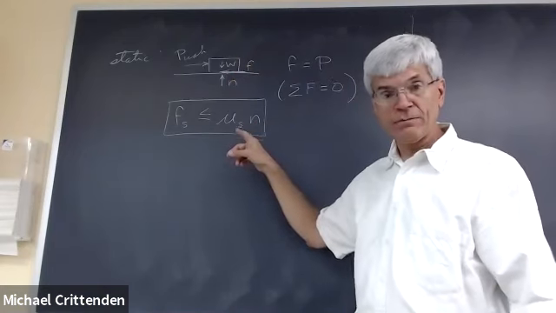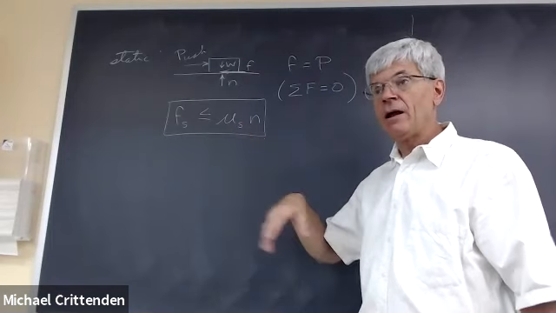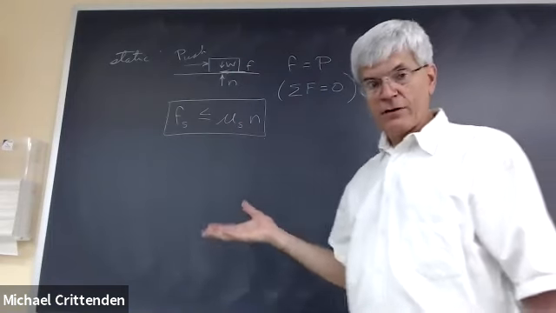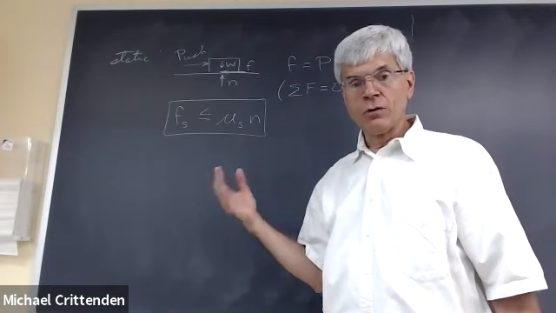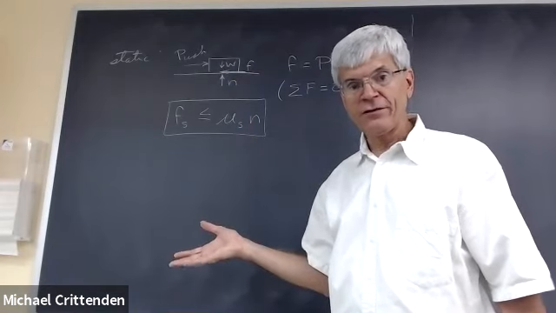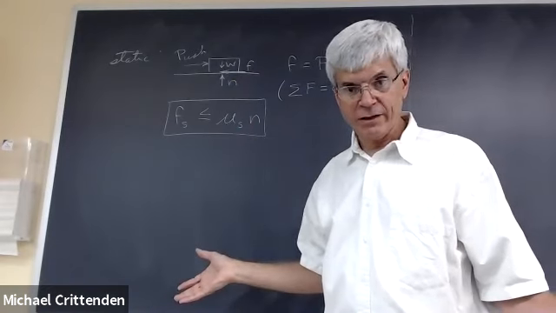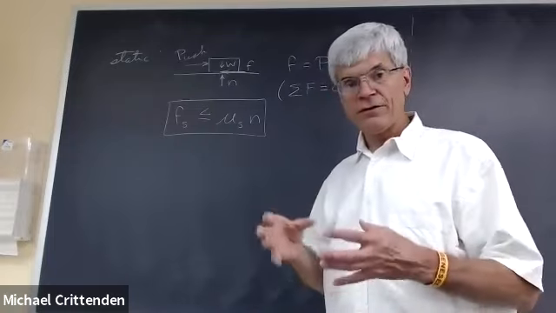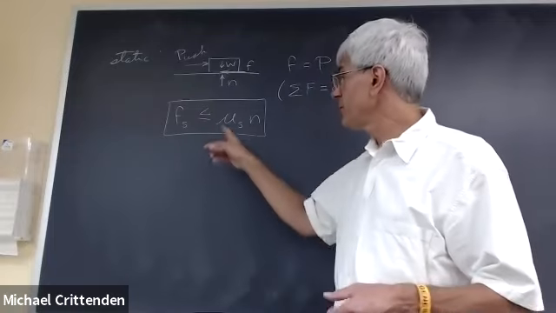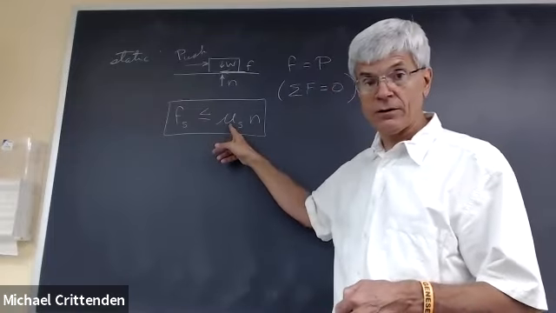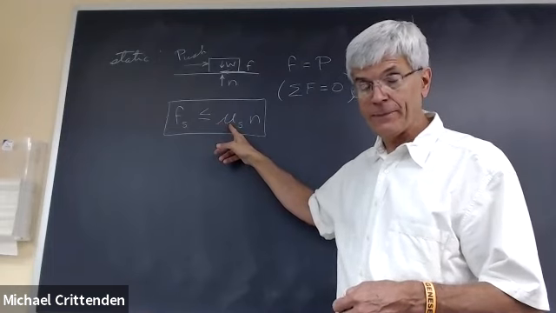The other factor is what materials are involved. I mean, everybody knows that if you're walking on ice, you're more likely to slip and fall on your face than if you're walking on dry pavement. The slipperiness or stickiness of the surfaces is rated with this number called the coefficient of friction. Okay?